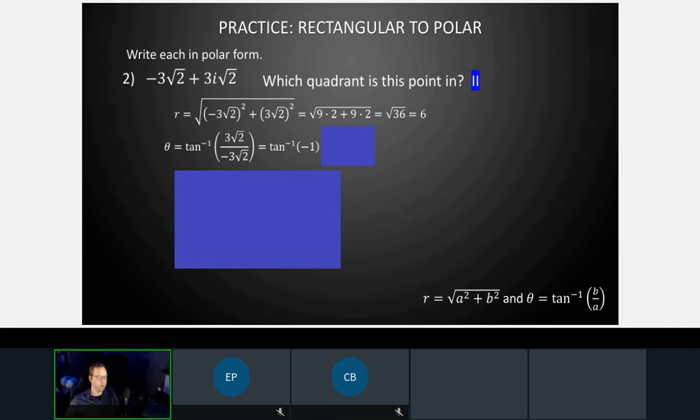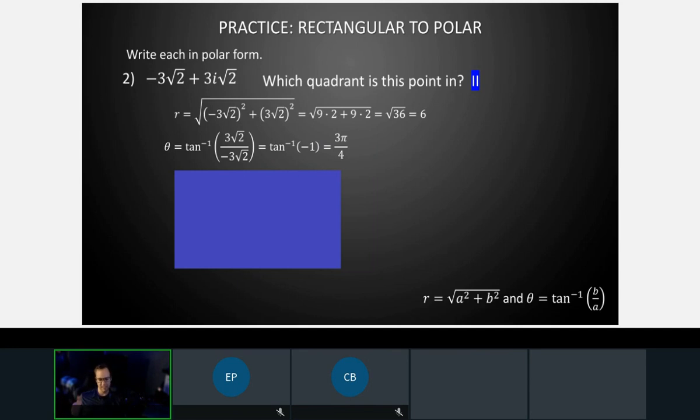So 3 pi over 4. I agree with that. Yeah, 3 pi over 4. So using our unit circle, there's no correction needed because, well, it's 3 pi over 4.